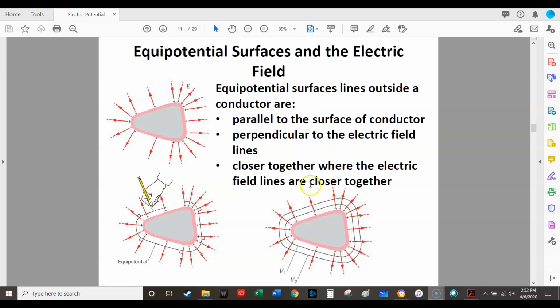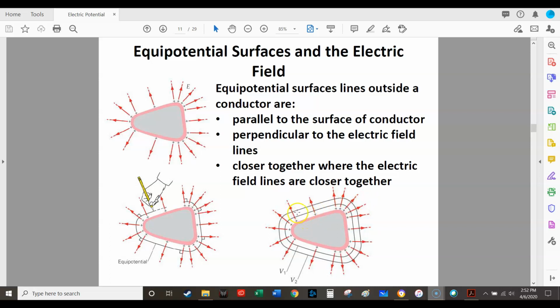So what we'll find out when we're looking at circular objects is that the electric field lines are not equally spaced, as we learned in the last chapter, and the voltage lines will also not be equally spaced.